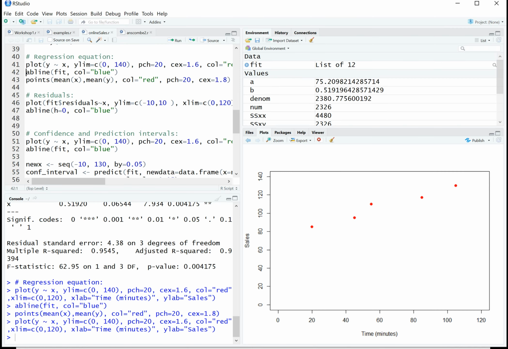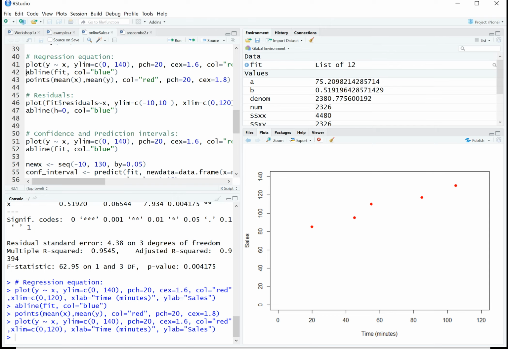We'll take a look. There is the plot in the bottom right. We have on the x-axis the time in minutes for those 5 customers. We have 5 data points. And then we have on the y-axis the sales. So we do in fact here have a strong linear relationship and positive.